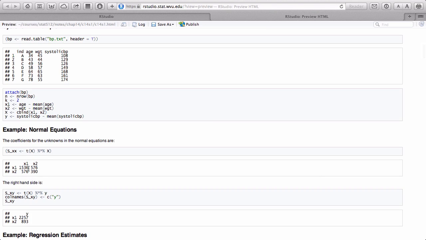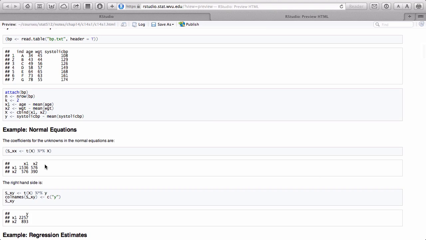So this is X transpose X. That transpose simply says if you take a matrix and turn it 90 degrees, you interchange rows and columns. That's what we mean by a transpose. So the transpose of X, and then notice this sign right here, percent, asterisk, percent. That means matrix multiply.